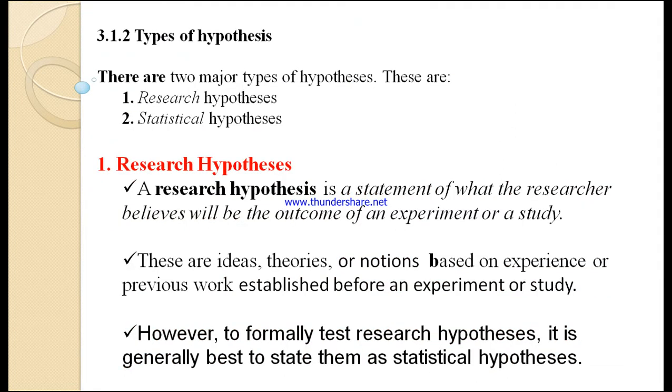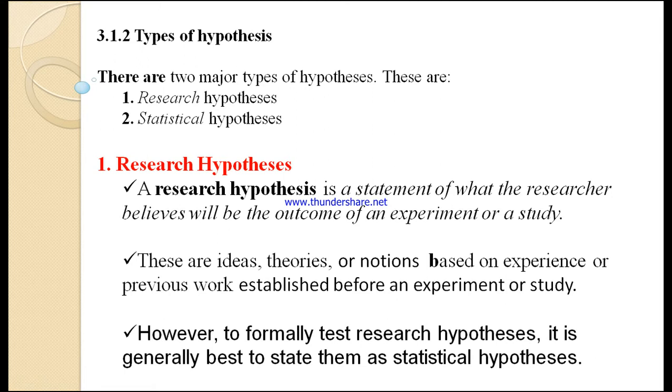Let's deal with types of hypotheses. There are two major types of hypotheses, and these are research hypothesis and statistical hypothesis. Let's deal with research hypothesis. A research hypothesis is a statement of what the researcher believes will be the outcome of an experiment or a study.